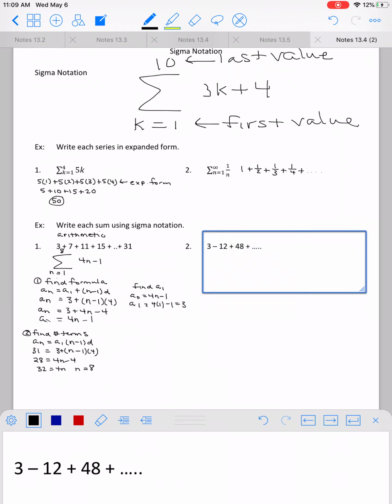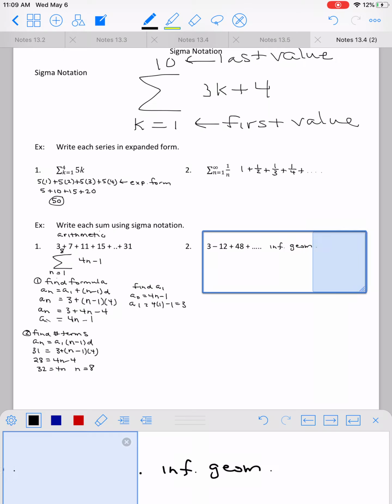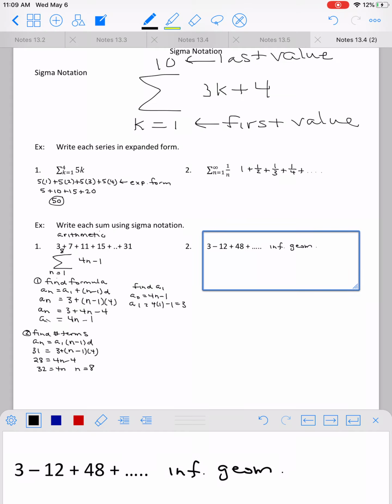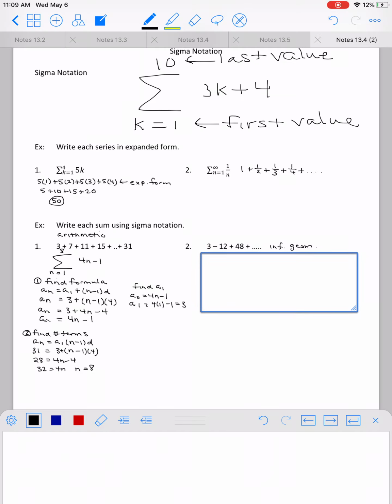This next one is infinite geometric. So when we do it, our sigma, big old sigma there, and we know that our first term is 3 times our common ratio.